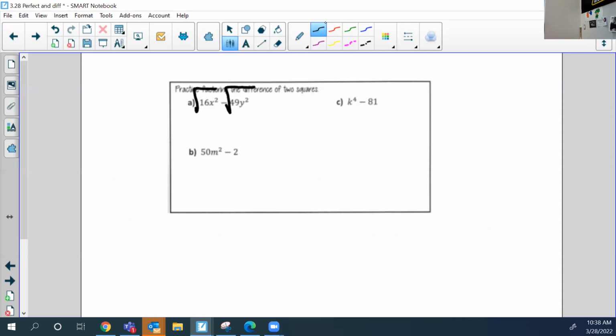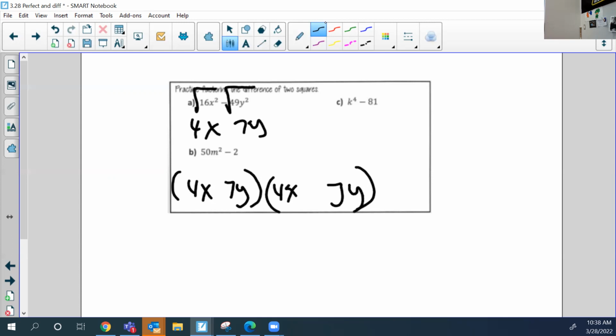The square root of 16x squared is 4x. The square root of 49y squared is 7y. So I'm going to have my two parentheses, with 4x and 7y in both parentheses. One gets the minus sign, one gets the plus sign.